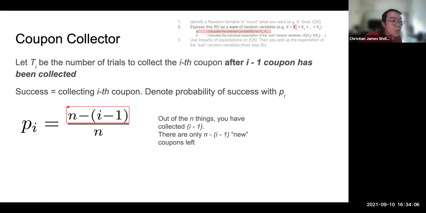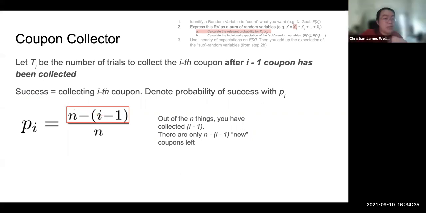And the numerator is n minus i minus 1, because you can imagine you're collecting the i-th coupon. Or maybe let's talk about coins, the zodiac coins. You want the 12th zodiac coin. By the time you want the 12th zodiac coin, you would have collected 11. So we care only about the remaining ones.